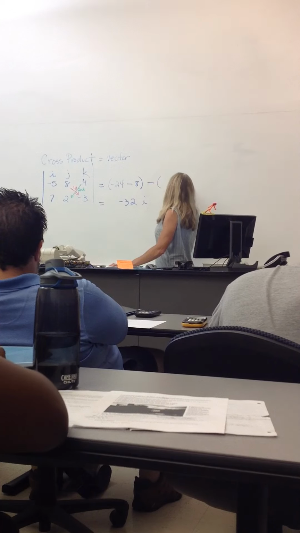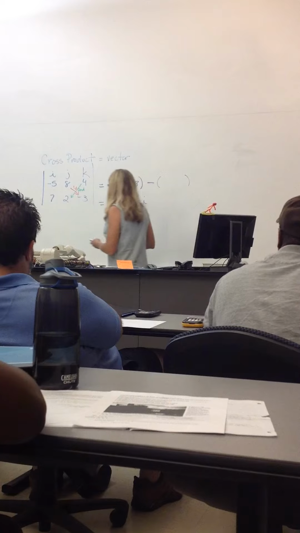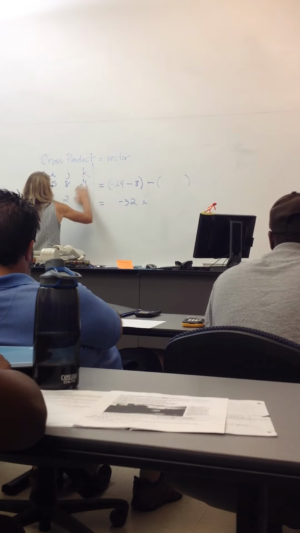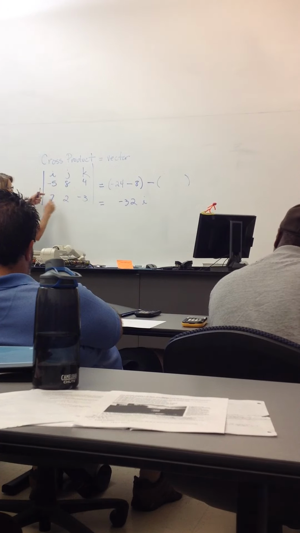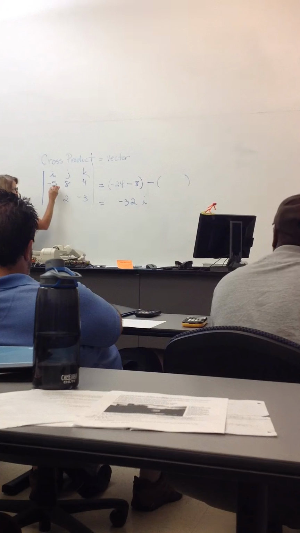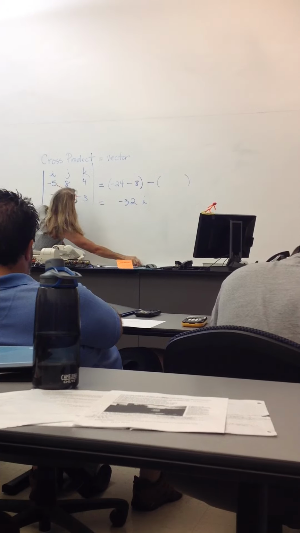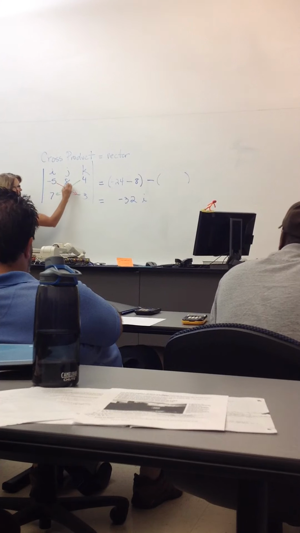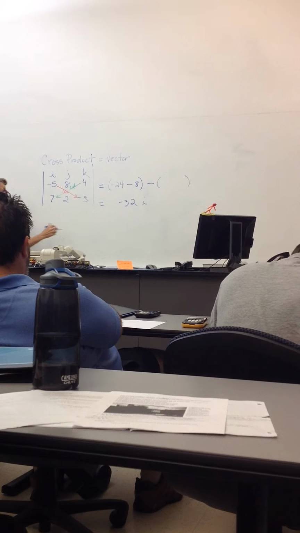And you do the same mechanics, but you're subtracting. Okay, I ignore the y's, and I use the x's and the z's, and I multiply these two together first, and then I multiply these two together second, and you subtract in the middle, but the y term has an opposite sign.